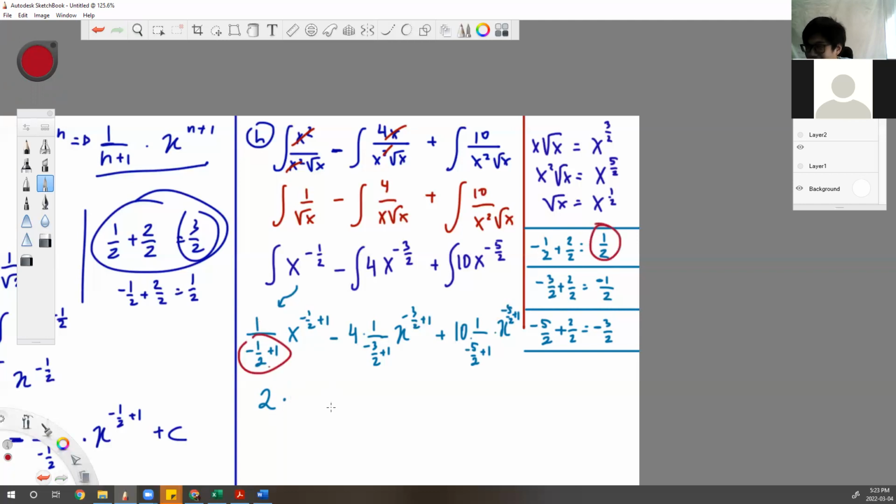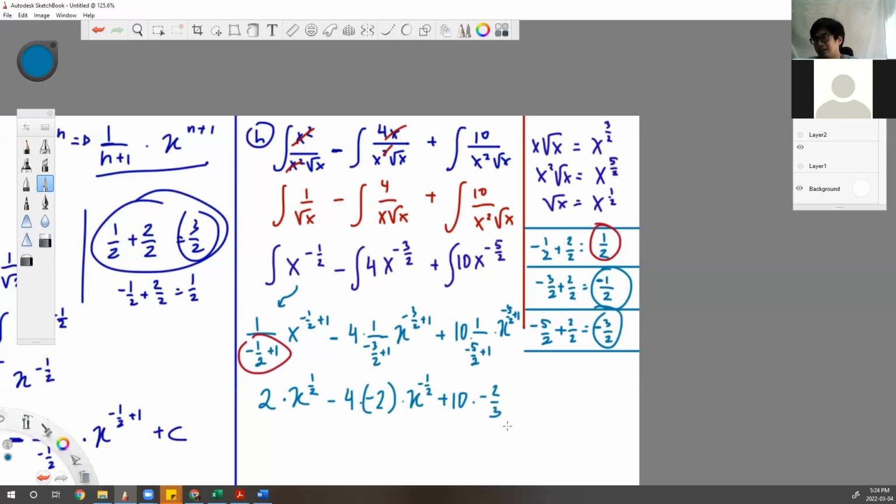So 1 over 2 is 2, and this will be x power 1 over 2 also, minus 4 times 1 over negative 1 over 2, which is negative 2, right? Times x power negative 1 over 2, plus 10 times 1 over negative 3 over 2. So it is negative 2 over 3, right?